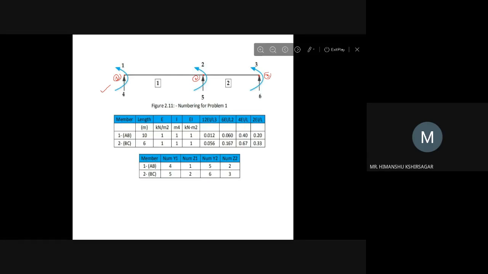What are the stiffness coefficients? We have derived the stiffness matrix, which consists of the stiffness coefficient values. So after plotting a skeleton diagram, you have to find out the values of the stiffness coefficients.